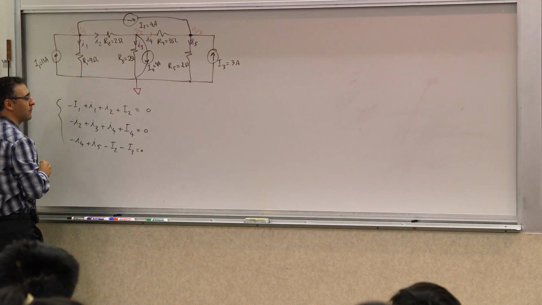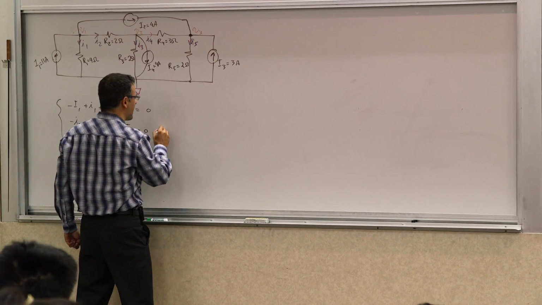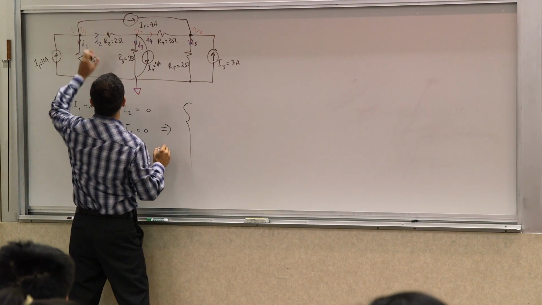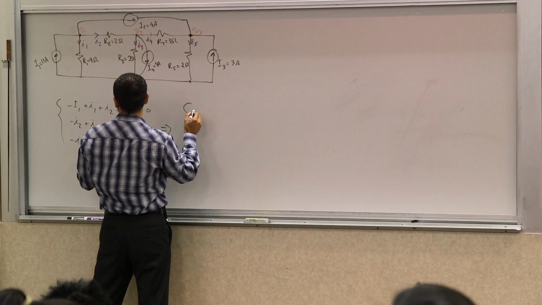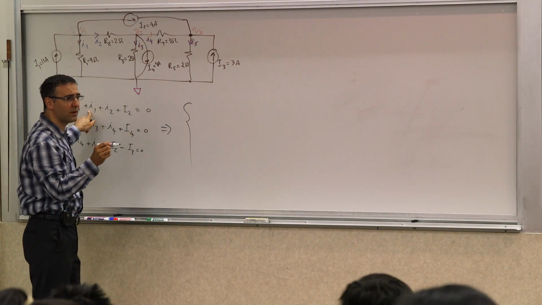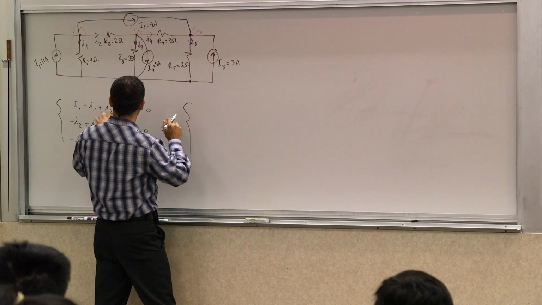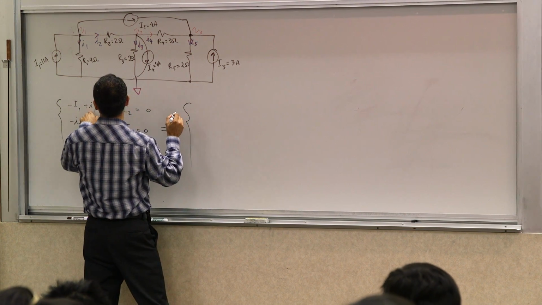But again, these are not what I'm looking for. What I'm looking for is writing these in terms of the node voltages. So other than the stimuli, I'll have to write these in terms of voltages, and while I'm doing that, also move the stimuli currents to the other side. So I have I1 plus I2 here.